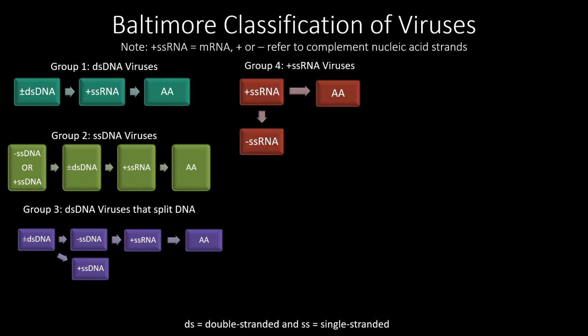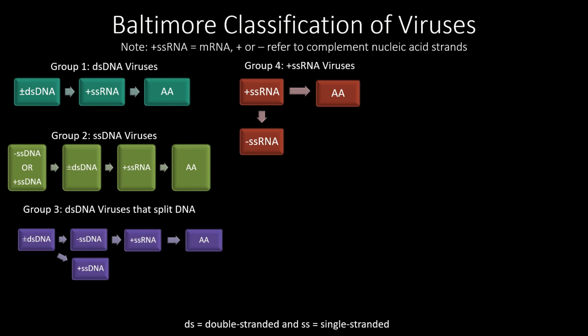In Group 4, they have single-stranded RNA with the positive polarity, meaning that the RNA can actually serve directly as mRNA. So this group has a positive single-stranded RNA, and this can be used to make the opposite strand, negative single-stranded RNA, or they could just immediately make amino acids as needed.